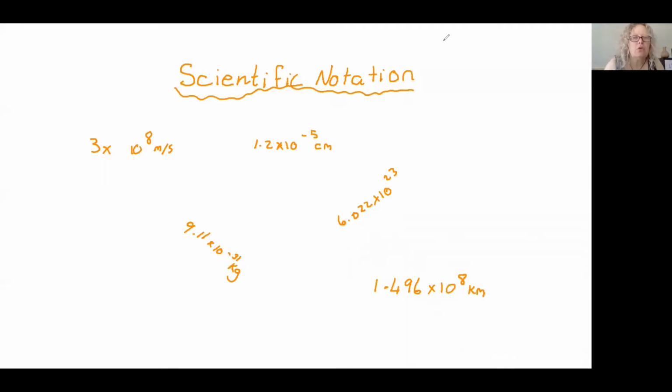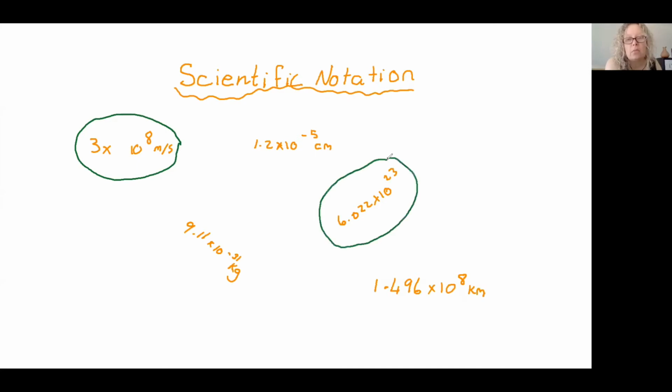I'm going to talk to you about scientific notation, which is a way of writing very big numbers and very small numbers. Very big numbers like the speed of light. Big numbers like the number of particles in 1 gram of hydrogen, the number of atoms in 1 gram of hydrogen, like distance to the sun.